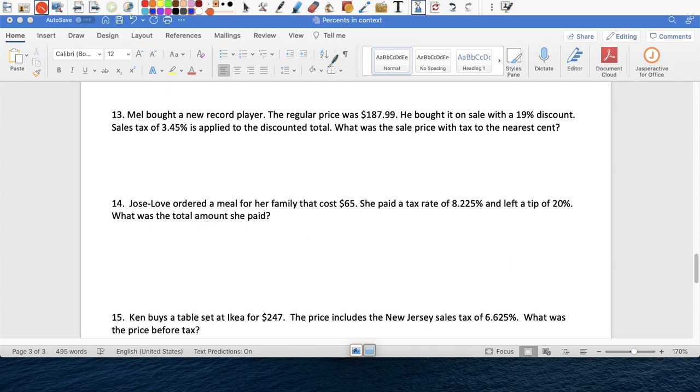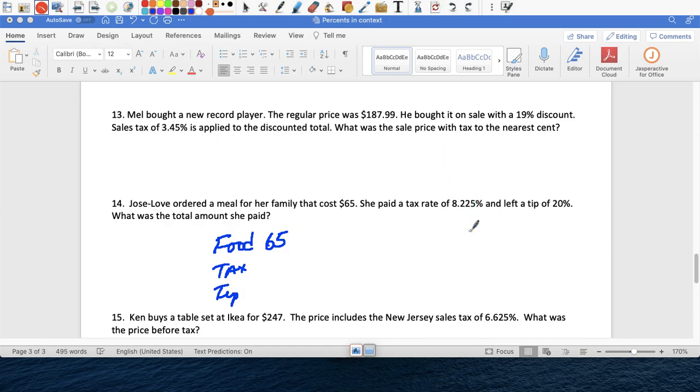Let's see, another food, $65, tax and tip. So again, this one you have to do separately. To find the tax, I need to know what the tax is. I don't need to know what the food plus tax is. I'm not adding it to 100.